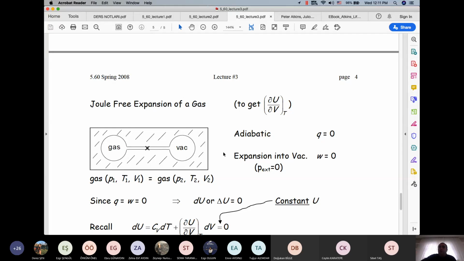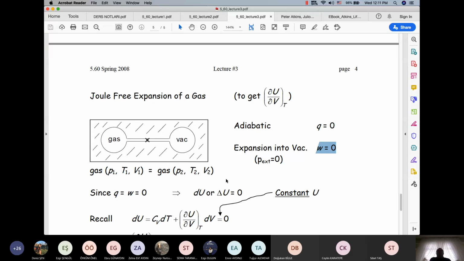no work, right? And there is no heat exchange, excuse me, this is adiabatic, so there is no heat change. So there is no heat, there is no work. But how does the energy change with the volume change?